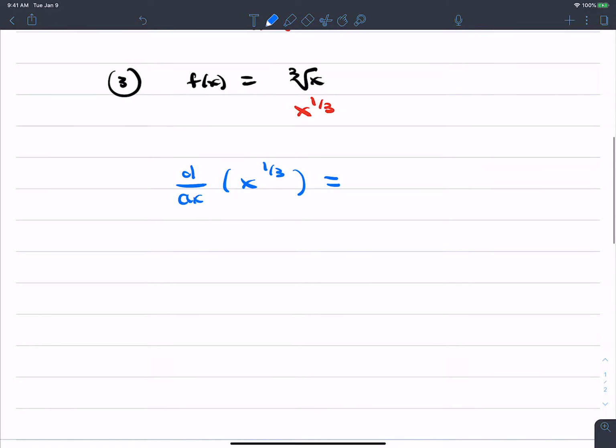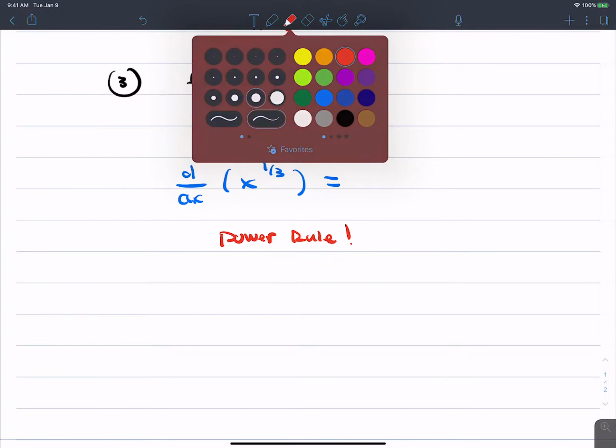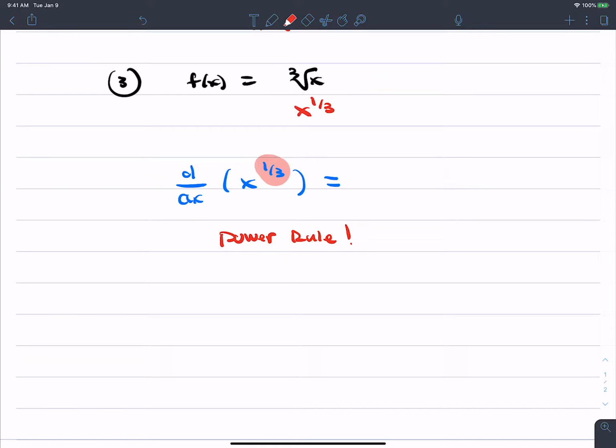Here's what you guys do. You're going to use again the power rule, and I'm going to use the highlight like I did the other day. See this number? There's the power.